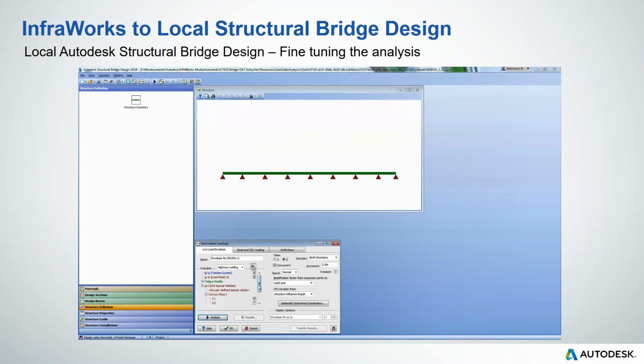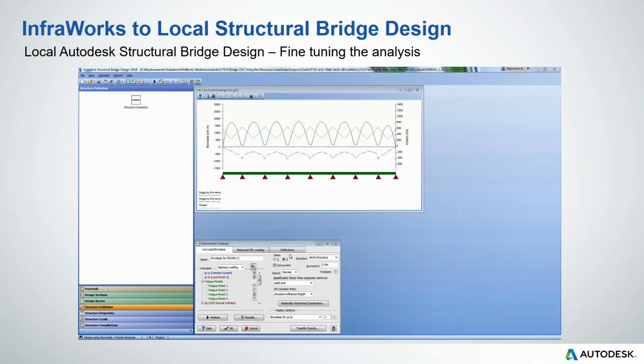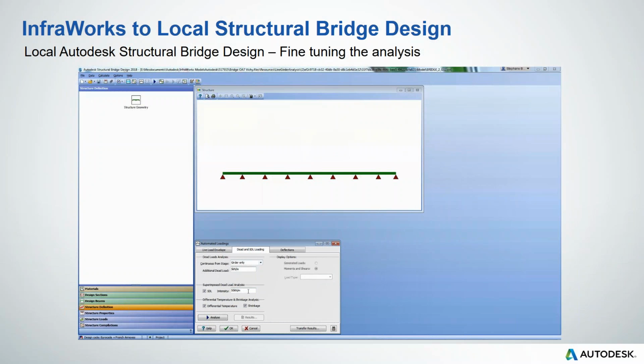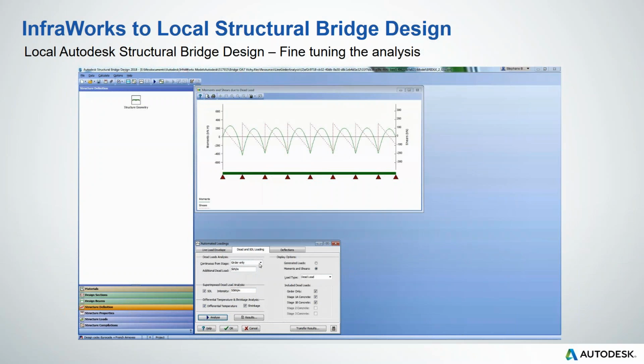Once done with the analysis, we can push these results to the individual beams and show the results in many different ways. And we can check for things like deflection and optimize the tendons that are available for that bridge. All of that happens inside the structural bridge design software that's installed on your machine.